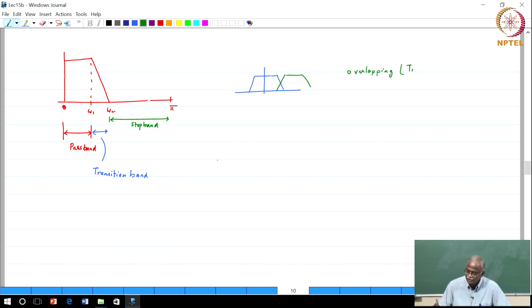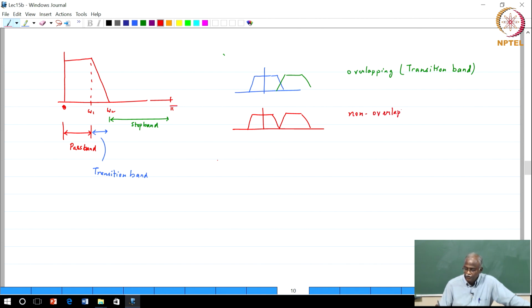So, this is what we call overlapping in the transition band. Now, since we are talking about terminology, let me introduce 2 more terms. If you have filters of this type, these are called non-overlapping filter banks. That means they do not overlap at all. There is no common signal between the 2 filters, and of course there are yet others where a significant amount of overlap is introduced. So, actually the pass bands themselves overlap.